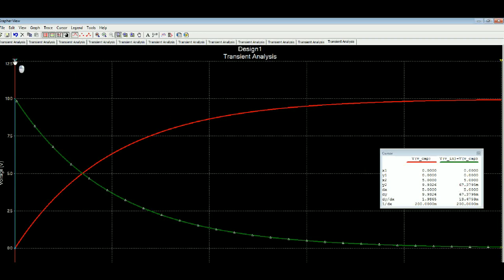So if we look, say, at 1 time constant, what we would expect to see is that the voltage would be 63% of the way toward the charging voltage, which is 10 volts, and that would give us about 6.3 volts, and we can see that right here, 6.29 volts, so that's pretty close. And likewise with the current at this point, this would be 63% discharged.